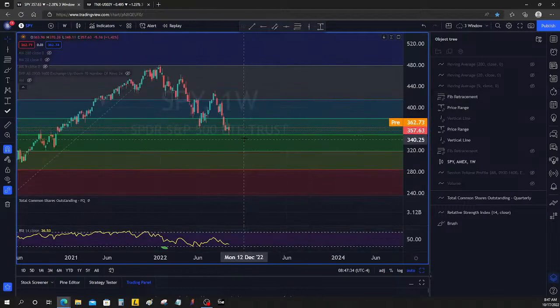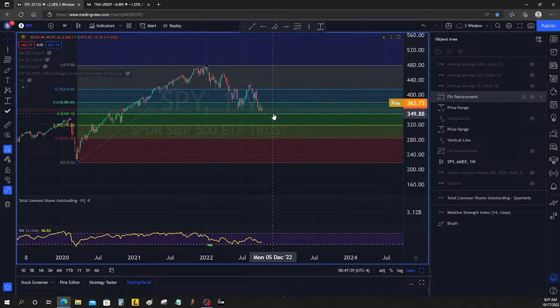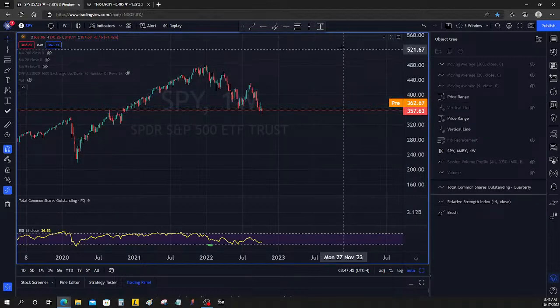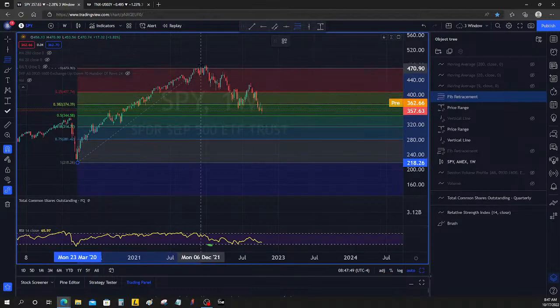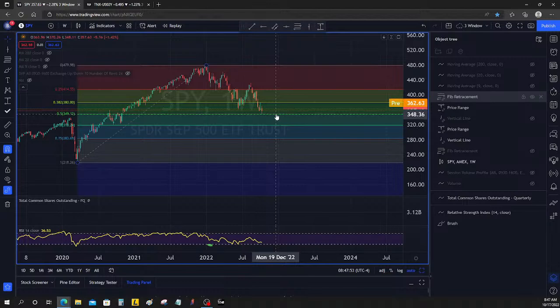So again, here you can see that really a perfect bounce off of the 50% level. Actually, I said I was going to do it in reverse, so let me do that in reverse. From here to here. So here's the 50% level right here.